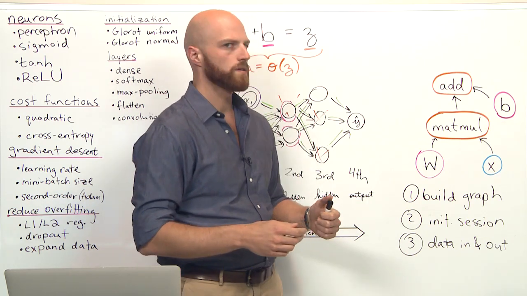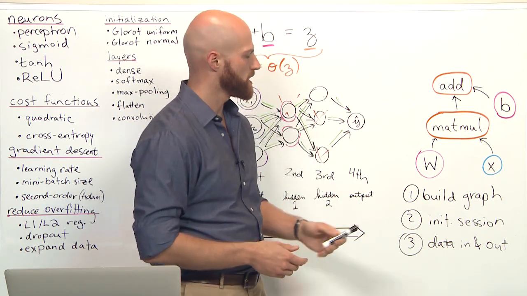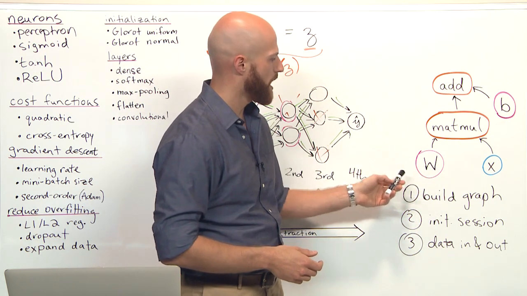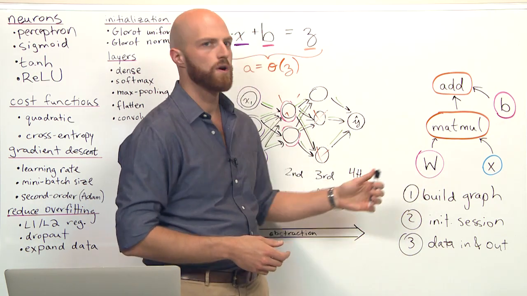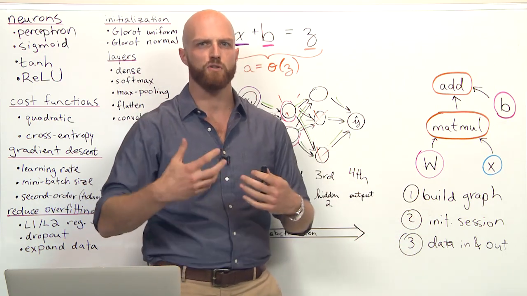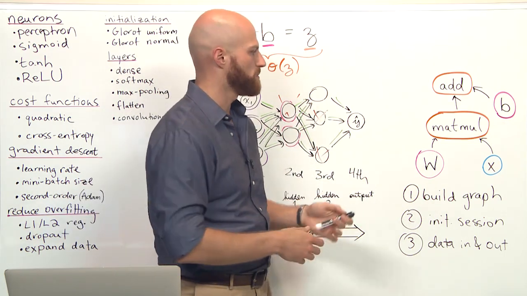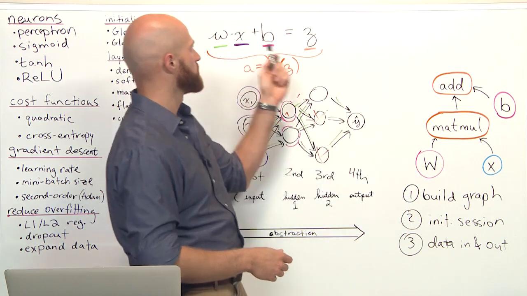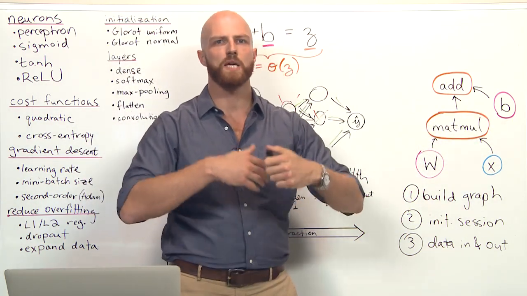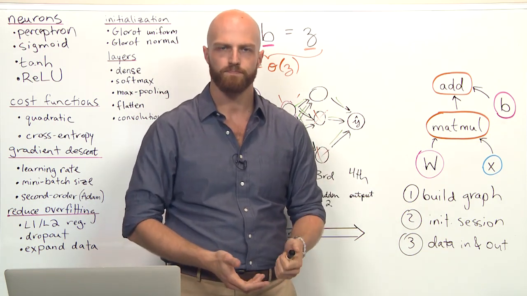There are 2 different types of tensors. One of those is variables, which I have highlighted in pink here. Variables are stateful. We want them to retain their state throughout multiple executions of the graph. For example, we want to be learning our weights W or our biases B over multiple epochs, over multiple steps of stochastic gradient descent.